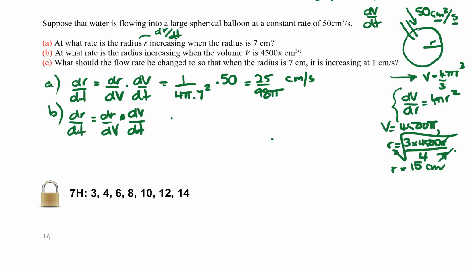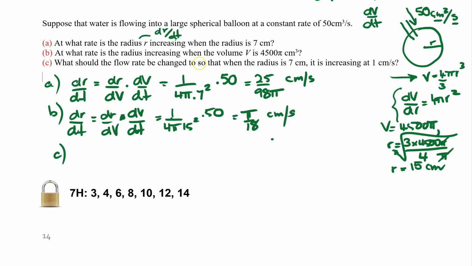So the problem is now, just like the first one, we want to find dr dt basically when r equals 15. So that will become 1 on 4 pi times 15 squared times 50, which will equal pi on 18 centimetres per second.